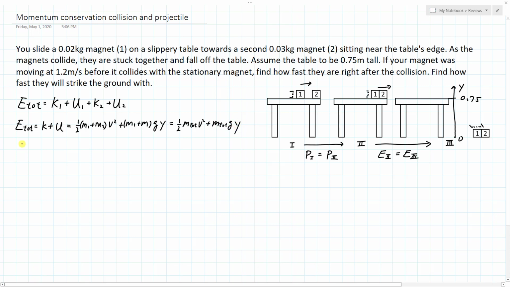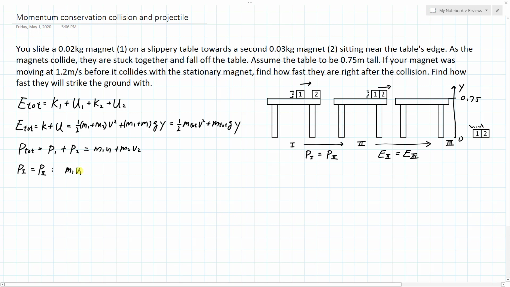Okay, so momentum. Alright, momentum total. This is only for the collision part, so that's P1 plus P2, or M1V1 plus M2V2. Okay, so now we can use momentum conservation between 1 and 2. P1 Roman numeral equals P2 Roman numeral, and that gives me M1 V1.